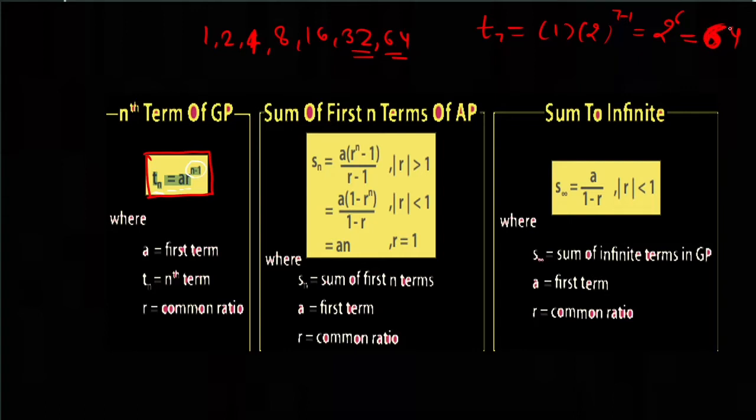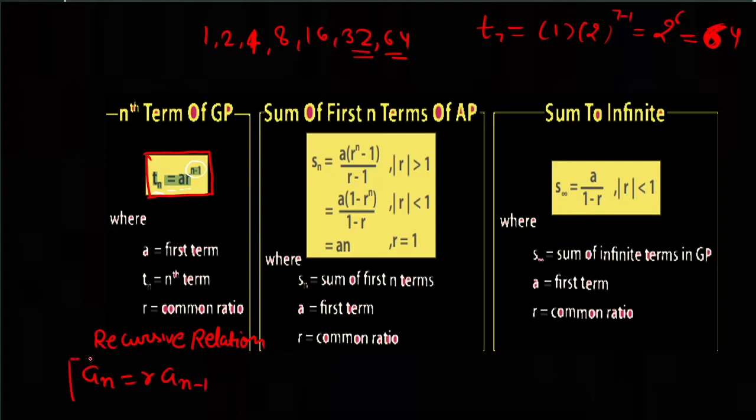Then the sum of first n terms of GP. Before that, we should know that geometric sequences also follow a recursive relation. It means that an is equal to r into a(n minus 1).